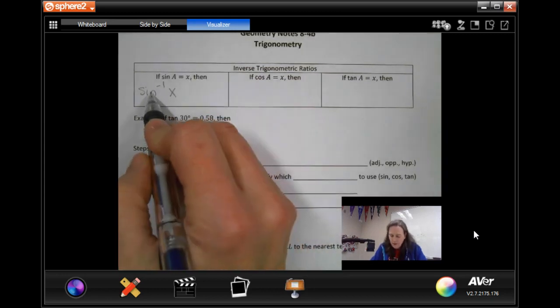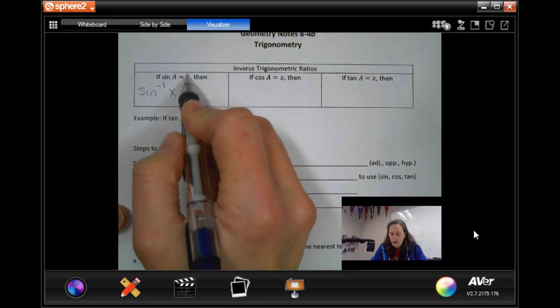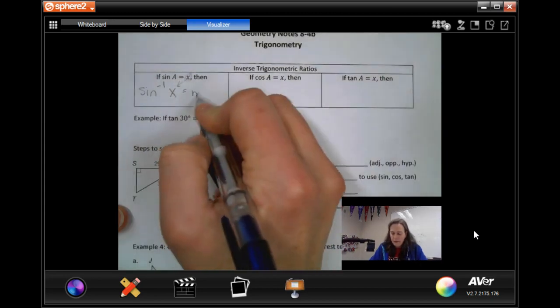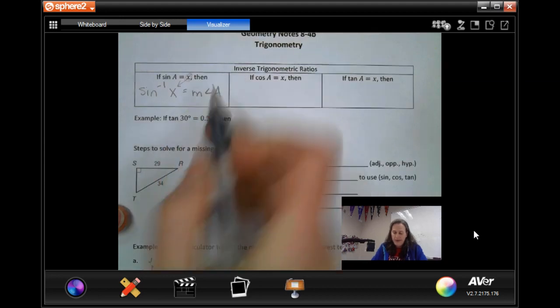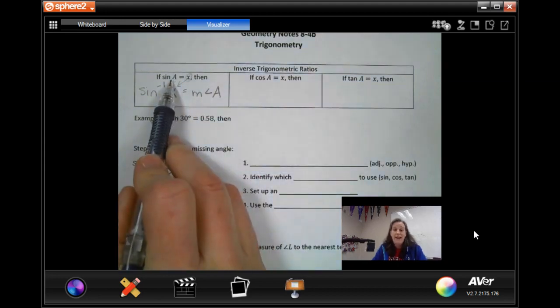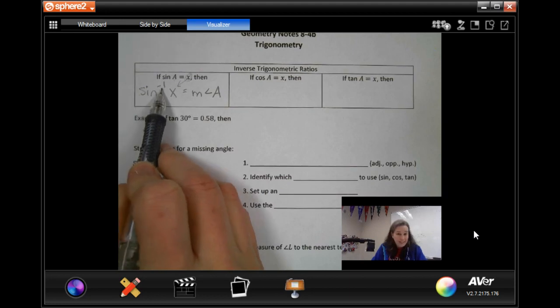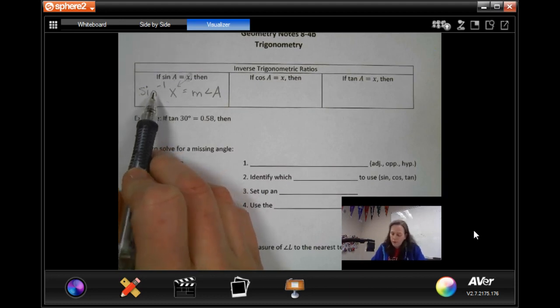So we're saying the inverse of this sine using the number that you've got, and that will be equal to the measure of angle A. So this value that you don't have, you can find it by using this. And this is actually a button on the calculator. So it's not hard to find it once you've figured out what you're looking for.